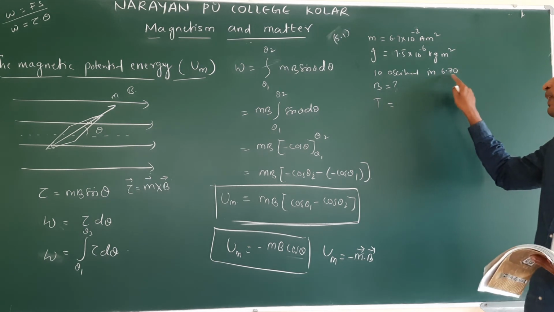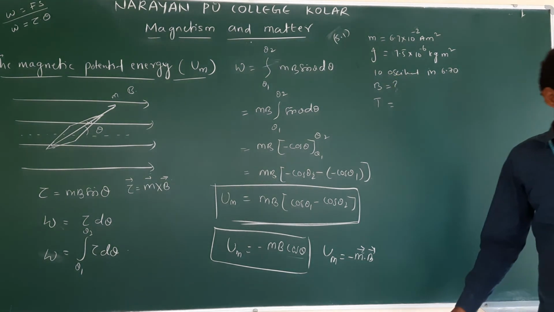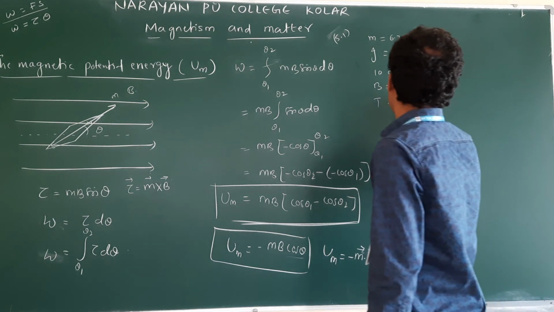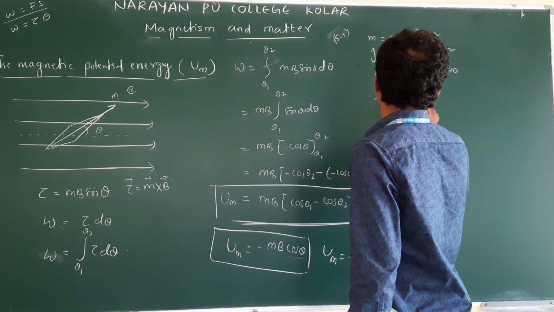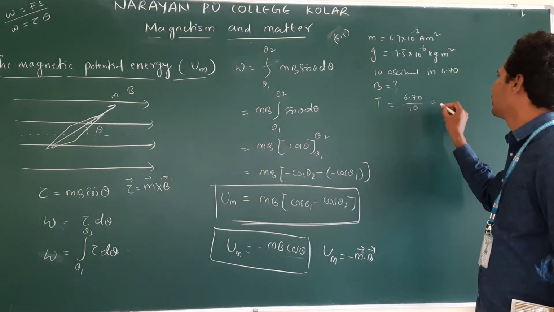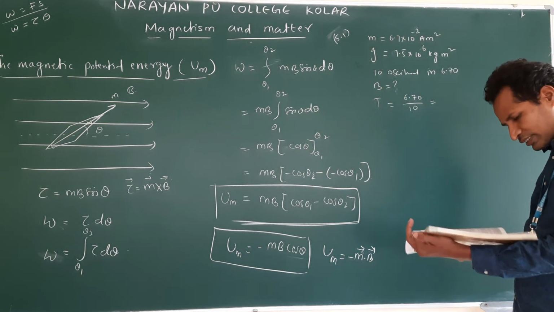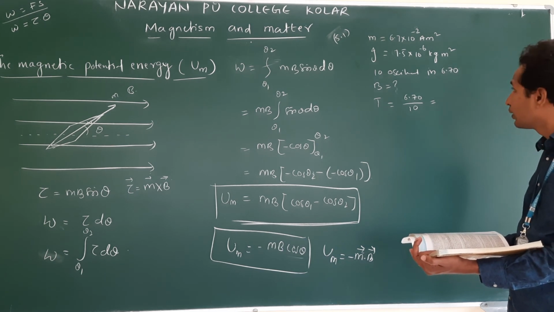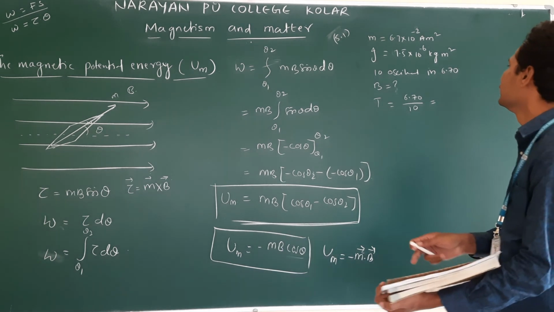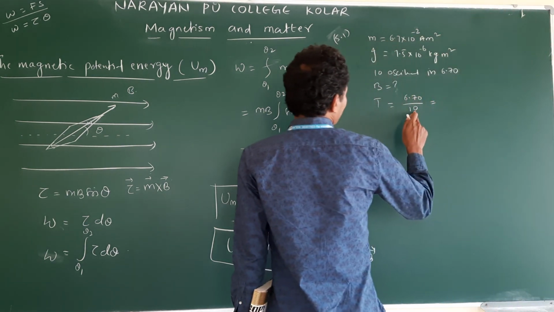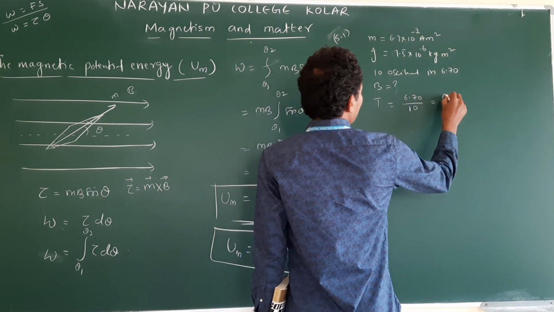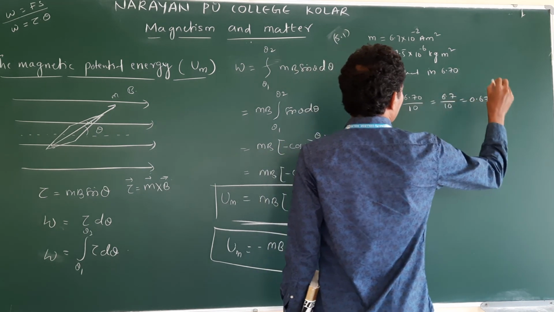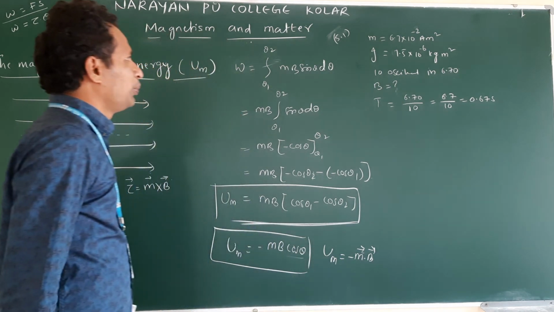This 6.7 is for 10 oscillations, and we need to calculate for one oscillation. Total time divided by 10 oscillations. So 6.7 by 10. This is 0.67 seconds.